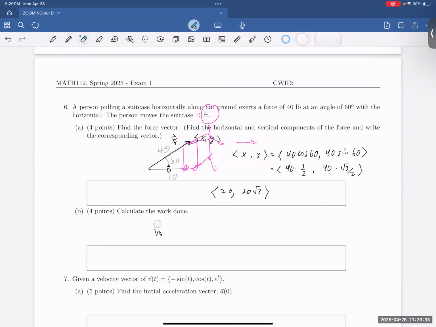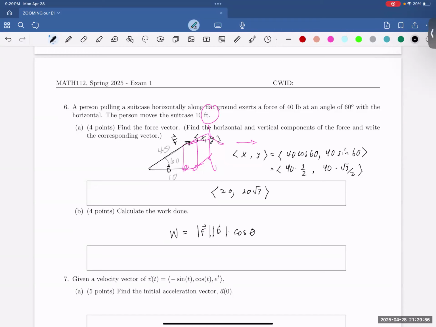Calculate the work done. Work is a value, not a vector. And work is the length of the force, times the length of the distance vector, dot, is it, I think cosine of the angle.